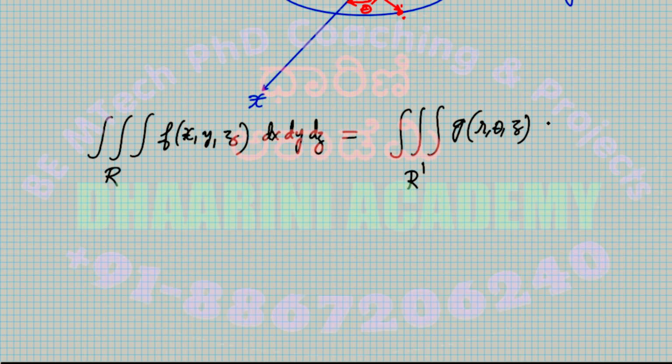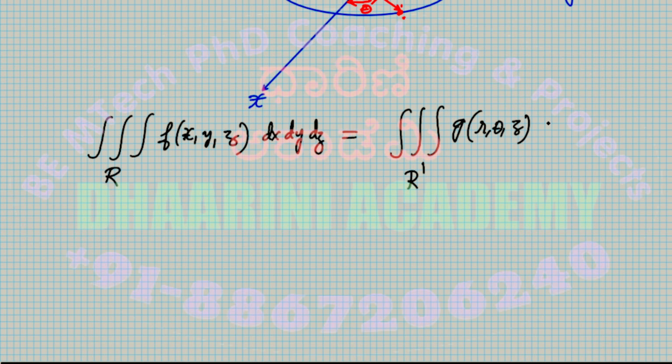Let's look at the change of variables now. Already we have seen that in case of a double integration, you use what is called a Jacobian for the transformation, correct? Let me try to write one parameter here.